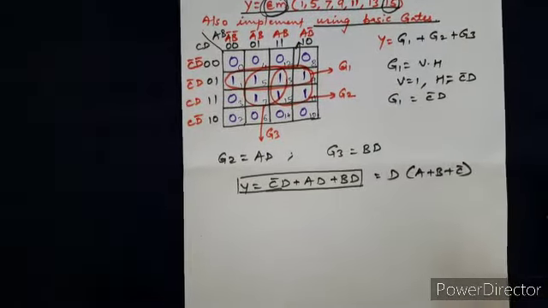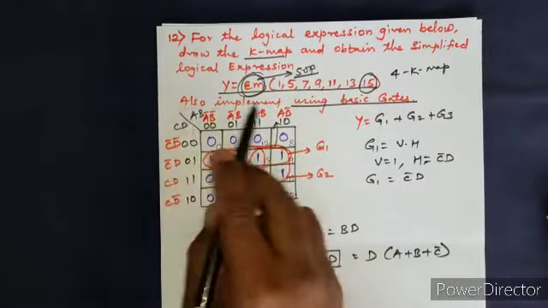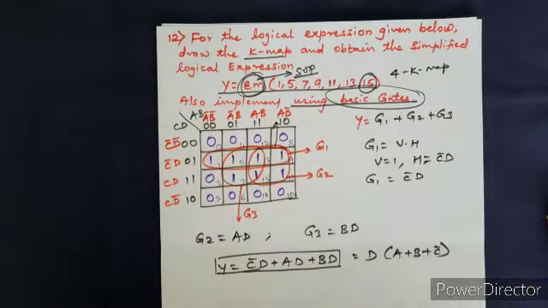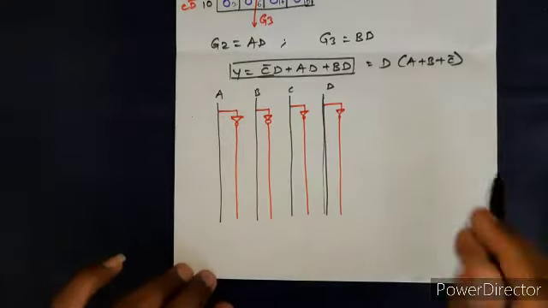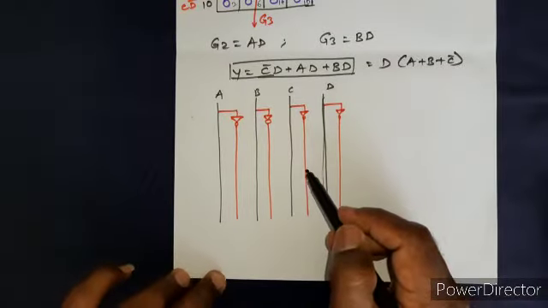Okay, now if I am to implement, because in the question it is also asked to implement using basic gates, right? So if I am to implement, I can implement in this format.